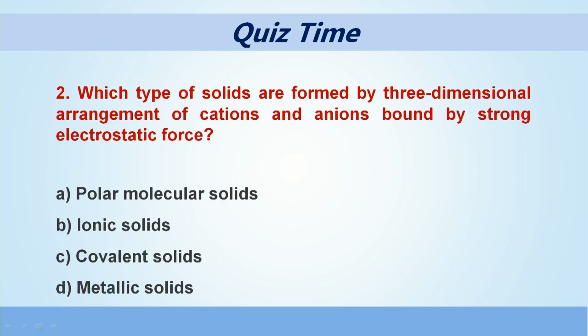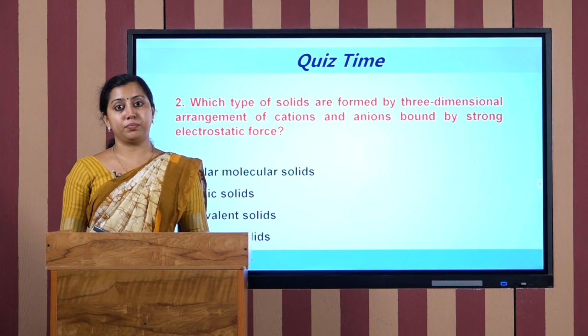Question number 2. Which type of solids are formed by three-dimensional arrangement of cations and anions bound by strong electrostatic force? You have option A, polar molecular solids, option B, ionic solids, option C, covalent solids, and option D, metallic solids.